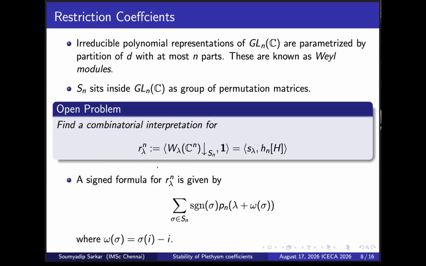So for example, a signed formula for this restriction coefficient, which anyone can write, is very easy to write using the monomial expansion. This is just a sum over sigma of sign sigma times P_n of lambda plus omega sigma, where remember P_n of any vector is the vector partitions of that vector with at most n parts. So that is our formula for this restriction coefficient. So anyway, that is the open problem.